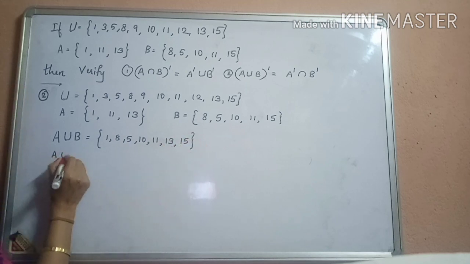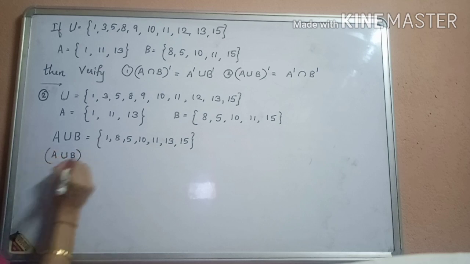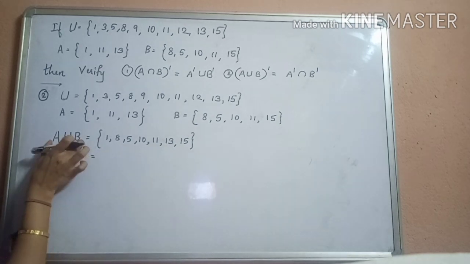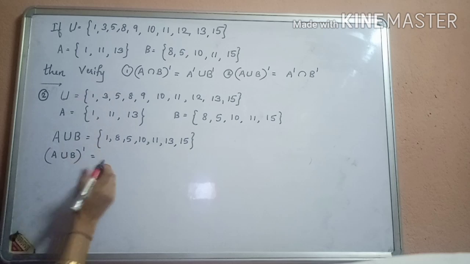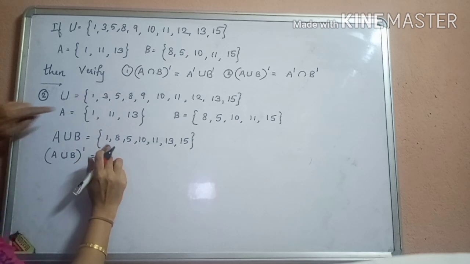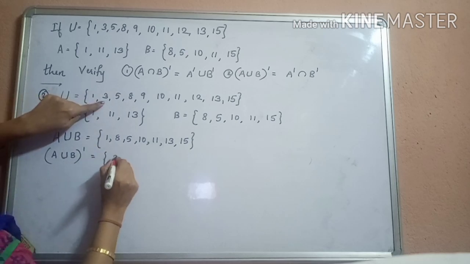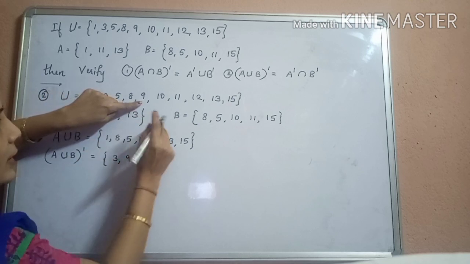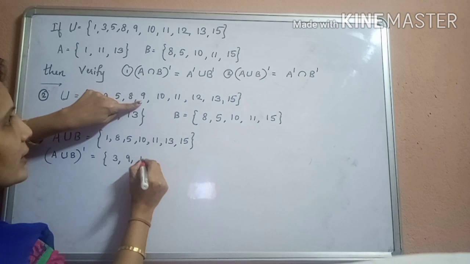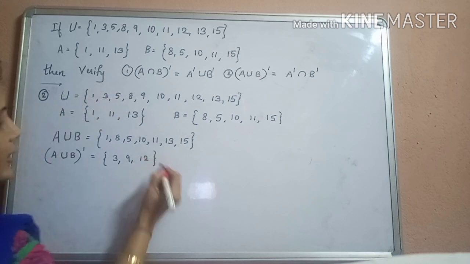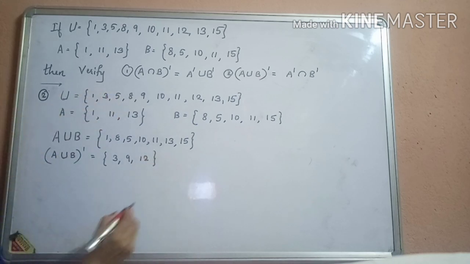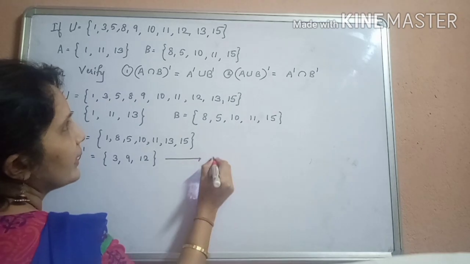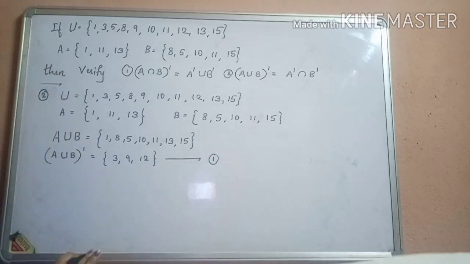Now A union B complement. So I will compare this A union B with the universal set. So 1 is already there, 3, 5 is there, 8 is there, 9, 10, 11 are there, 12 is not there, so I will take 12. 13, 15 are there. Okay. So I got LHS, so I will take it as 1.